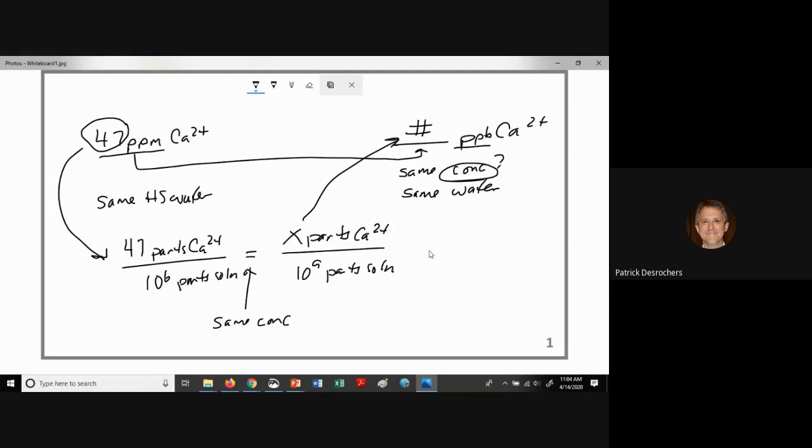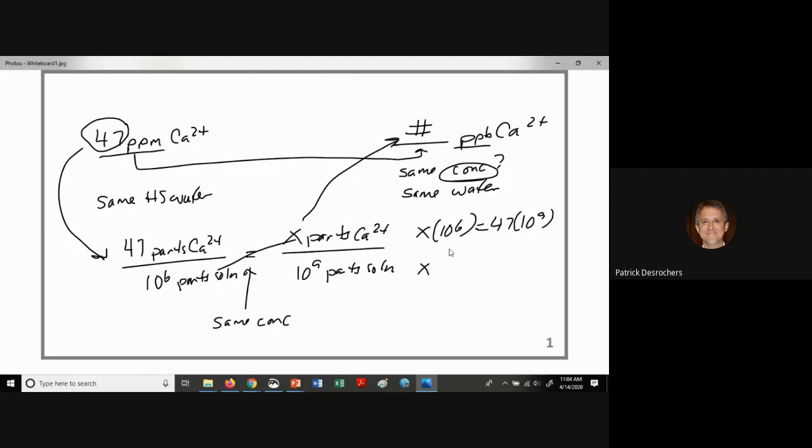This is how we did it way back in chapter 1 or chapter 2, when you and I were first doing this. Let me ask everybody, how do you solve for x on this? Cross multiply. So I would have x times 10 to the 6th equals 47 times 10 to the 9th.